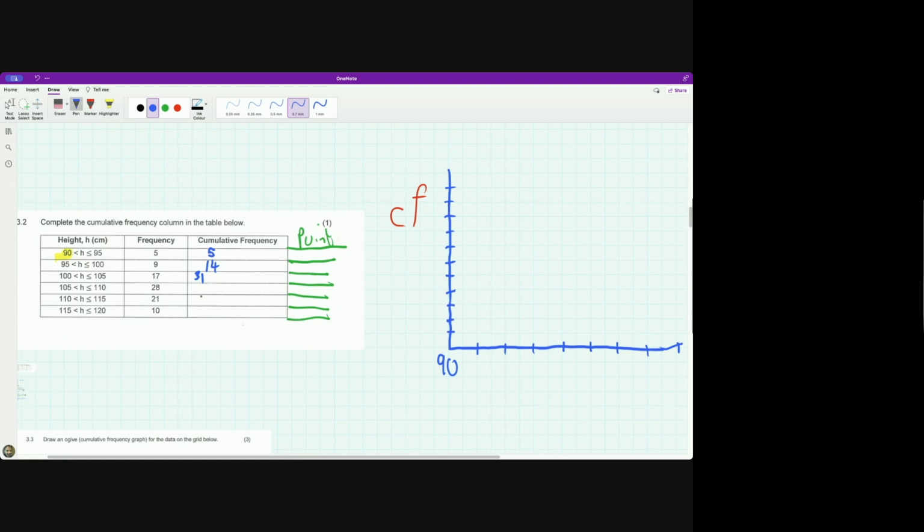Okay. 59, 80, 90. What do you think the points are going to look like that go with the cumulative frequency curve?